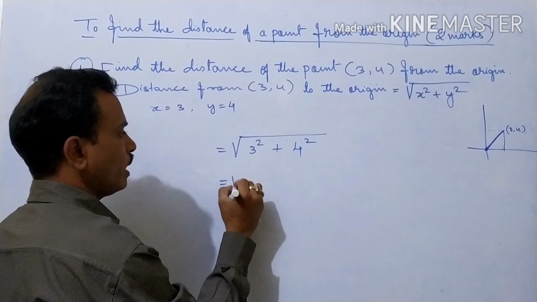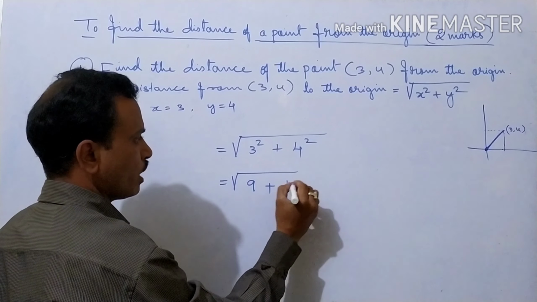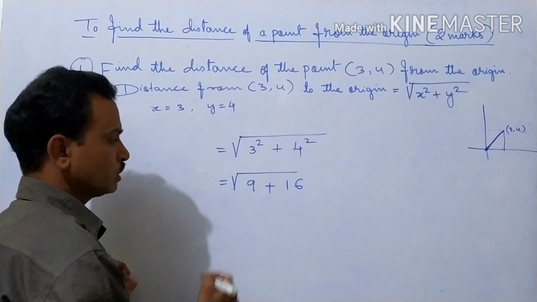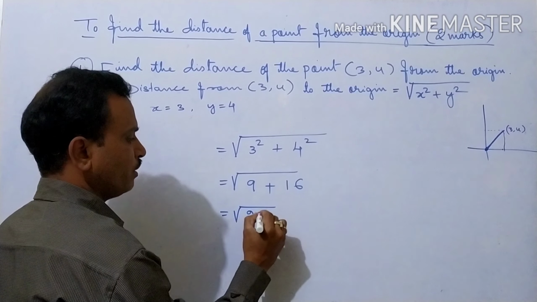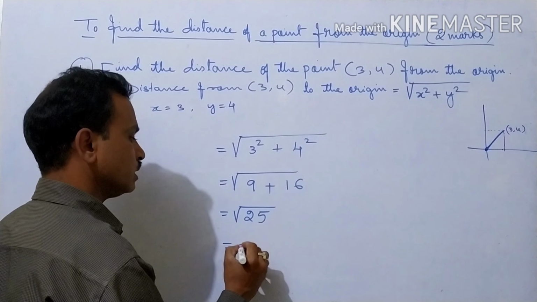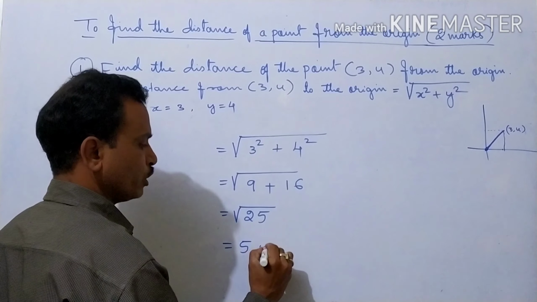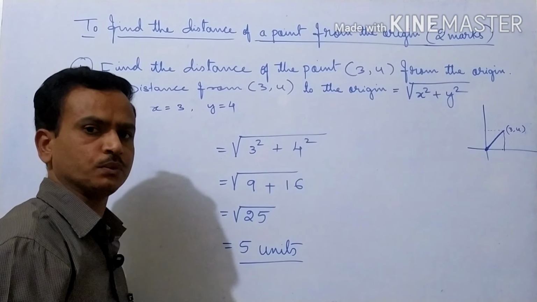Now 3 square is 9, plus 4 square is 16. Add these two: 9 plus 16 is 25. Now the square root of 25 is 5. So 5 units. Understood?